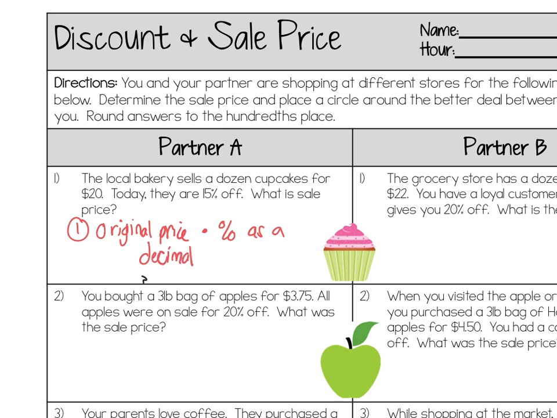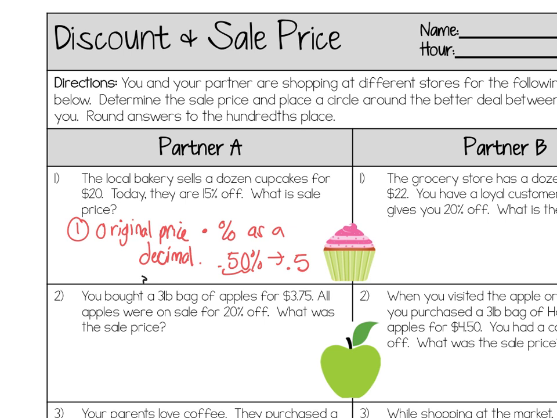So percent as a decimal, for example, 50% is 0.5 as a decimal. So what I really did was I moved the decimal point back 2 notches, and that's how I get the decimal version of my percent, okay?